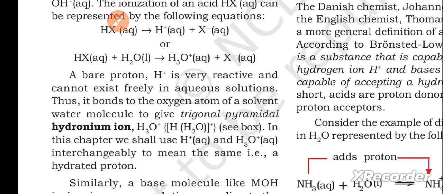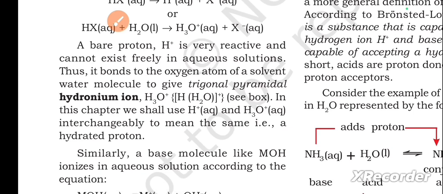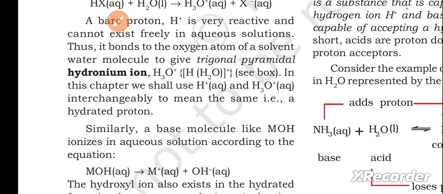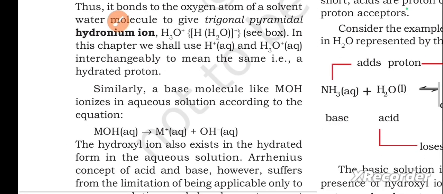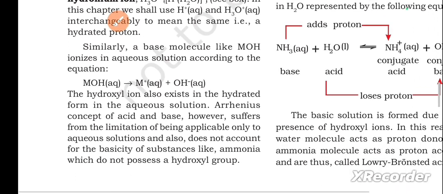Thus, it bonds to the oxygen atom of a solvent water molecule to give trigonal pyramidal hydronium ion H3O+. In this chapter, we shall use H+ and H3O+ interchangeably to mean the same, that is a hydrated proton. Similarly, a base molecule like MOH ionizes in aqueous solution according to the equation.